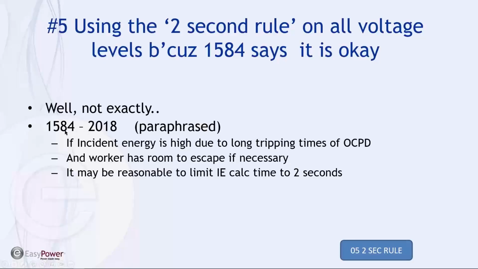And if you paraphrase it, 1584-2018 says, if incident energy is high due to long tripping times of the overcurrent protective devices, now the inference here is I have low current, which means I'm getting long trip times, and then the worker has room to escape if necessary, it may be reasonable to limit the incident energy calculation to 2 seconds. But in not so bold print, it says to use engineering judgment in any case.